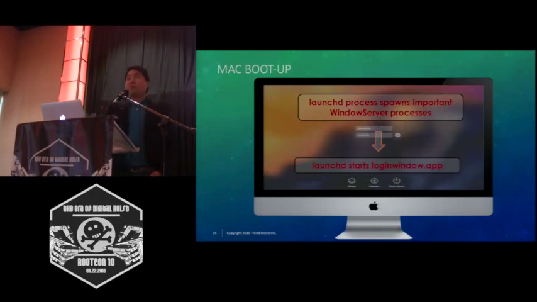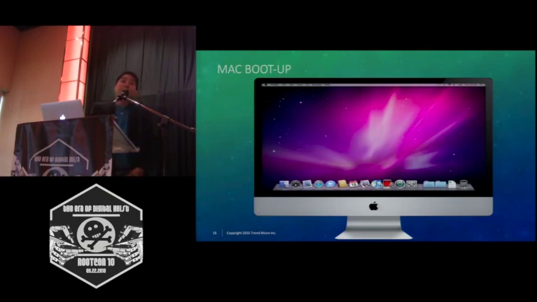I'm used to Windows WinLogon, so the login window is similar to WinLogon in Windows. The login window is responsible for providing the login screen, and then you will be able to log on. So that's the boot-up process.